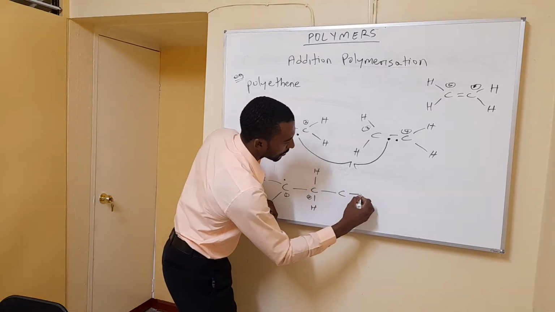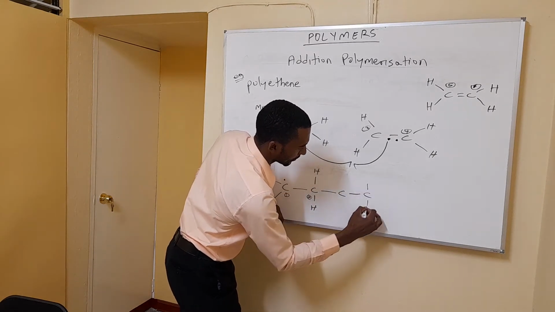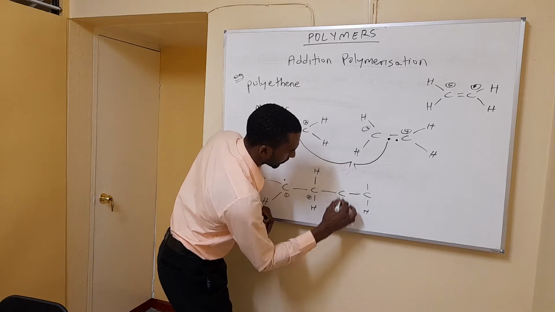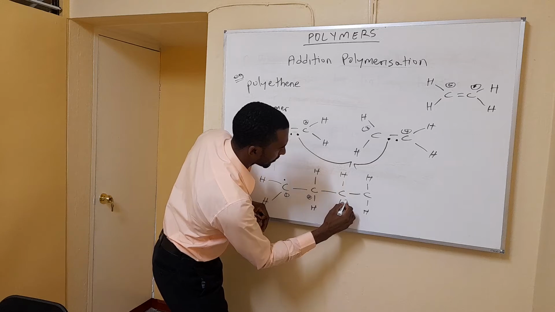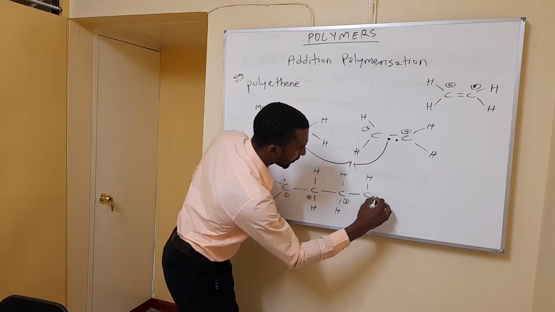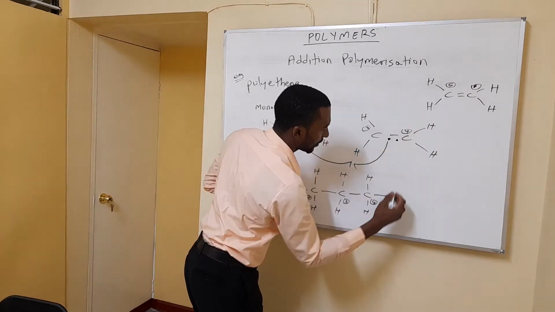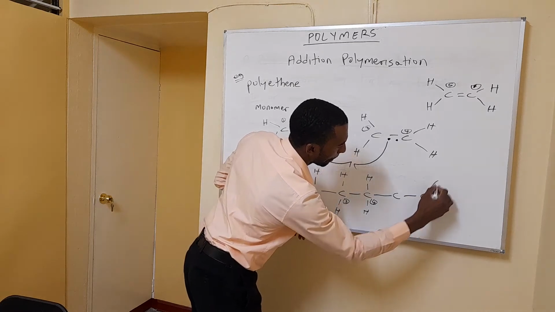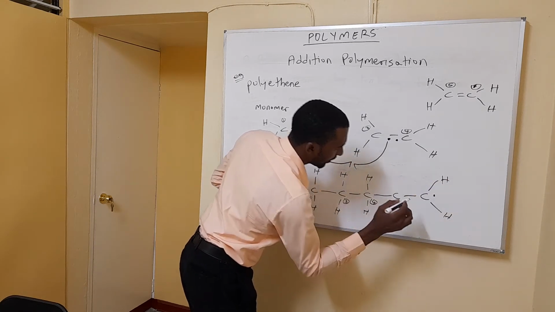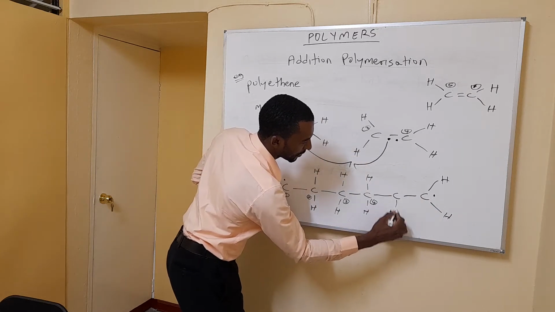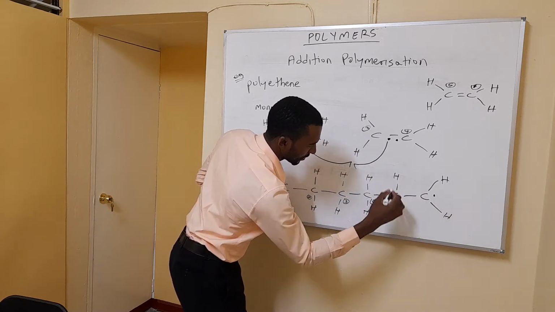So this is another carbon. So this is 3, 4, and then this third molecule now, C, which would also have a free electron there which can form an additional extension of the chain.